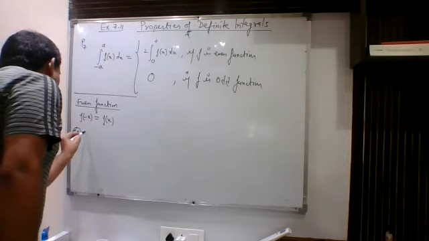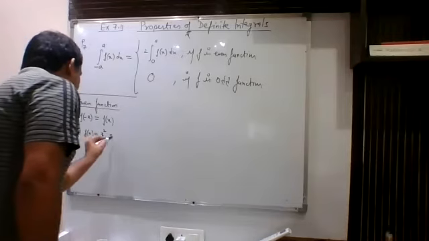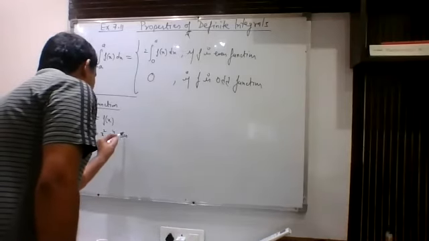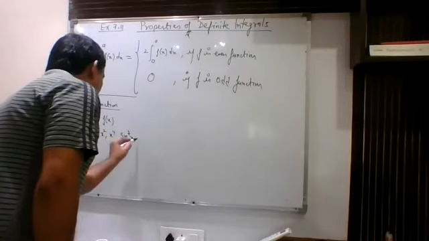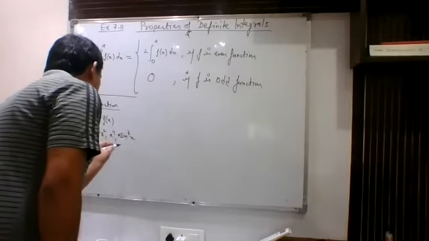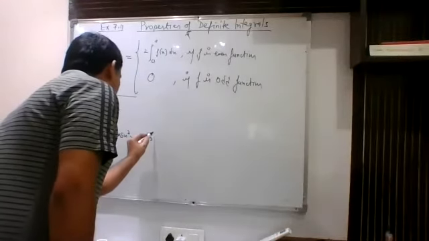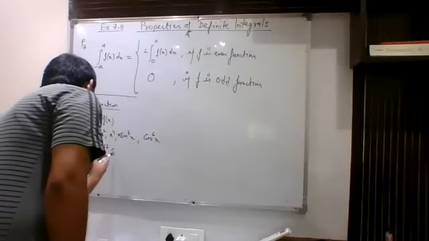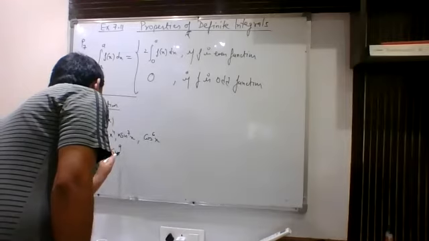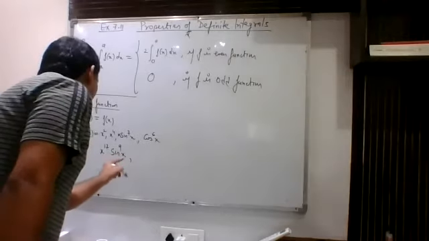Like f(x) is equal to, suppose, x squared, x to the power 4, sin to the power 7 of x, then cos to the power 6, then x to the power 17 into sin to the power 9x. So these are treated as even functions.